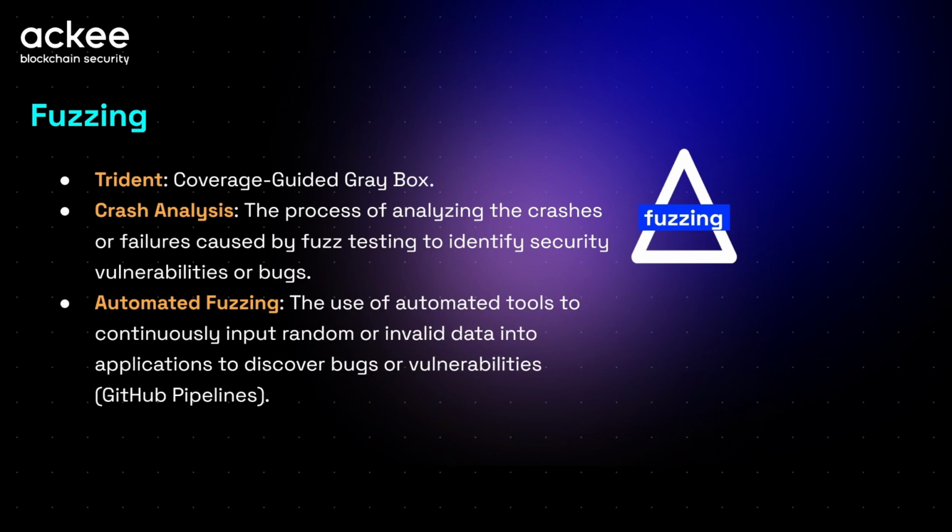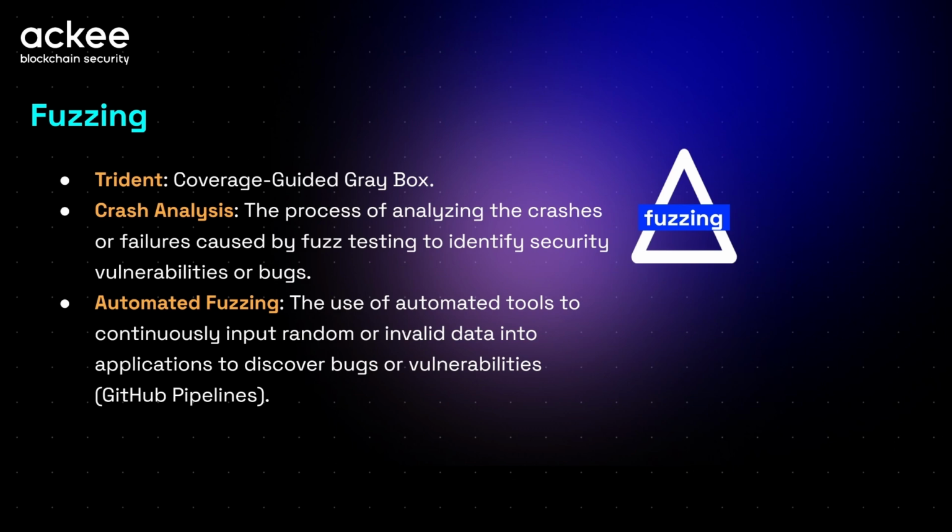The next important point can be automated fuzzing. It might be helpful to write GitHub pipelines, for example, so that every time you create a pull request to some of your branches, the pipeline will trigger and run Trident for some particular amount of iterations, and you can see the results in the pipeline.